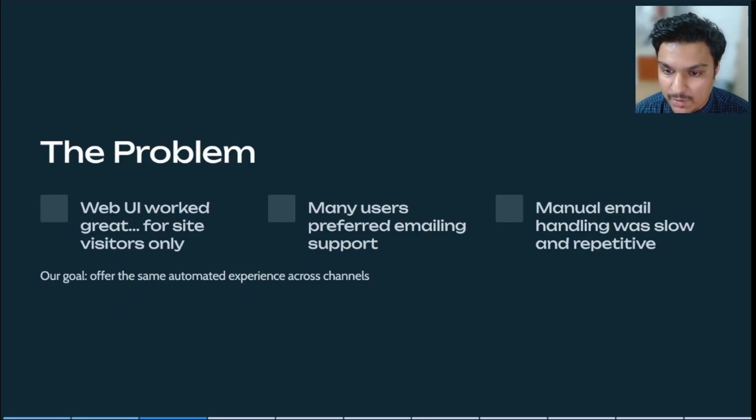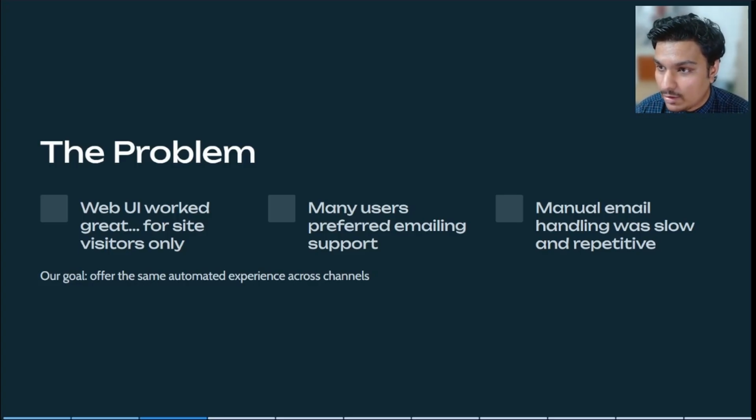So the problem with web UI, as I told you, was it worked great, but for site visitors only. People had to actually click on the link and redirect to a browser, if they were using the Gmail app, or a new tab to access this chat interface. But since the links themselves were received in the inbox of an email provider, users prefer emailing better.